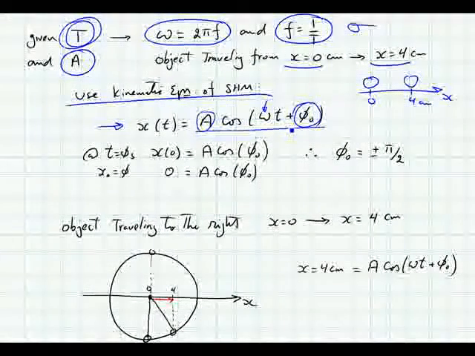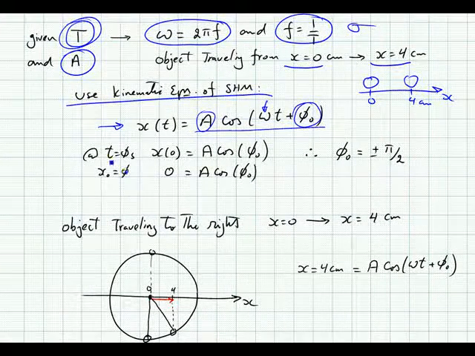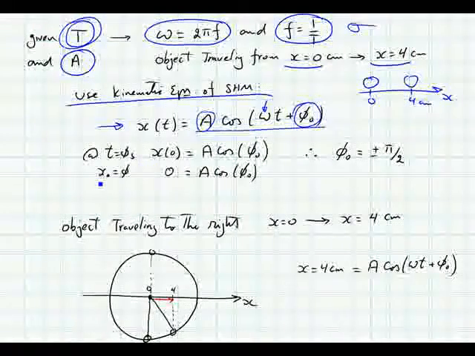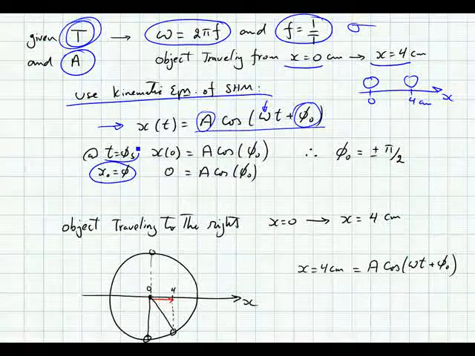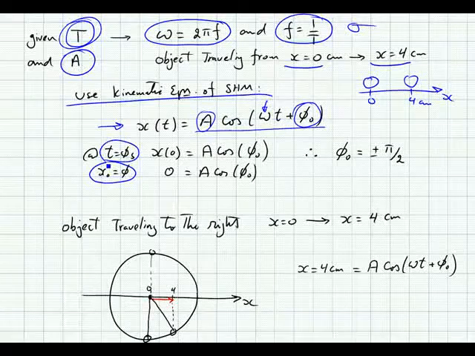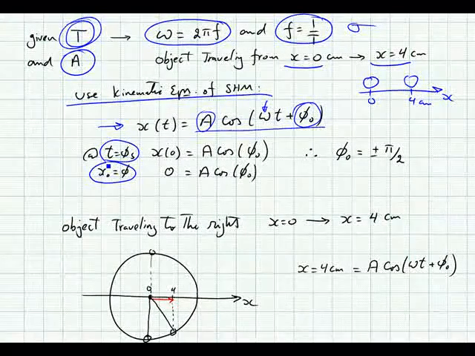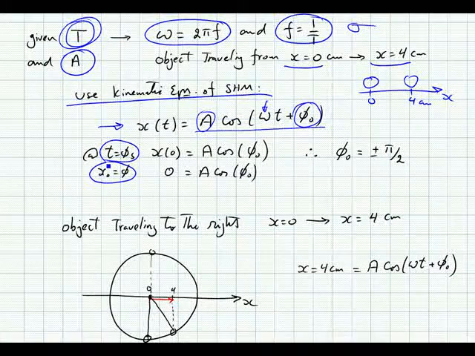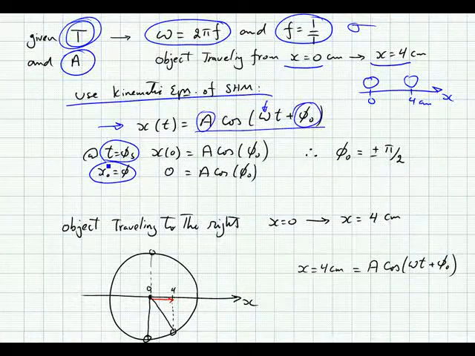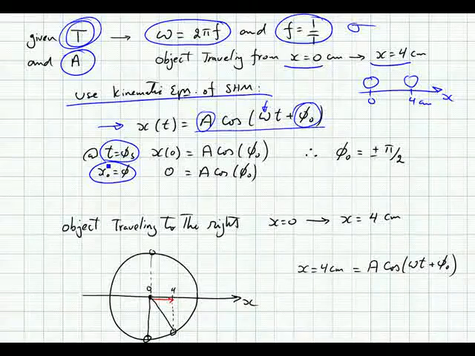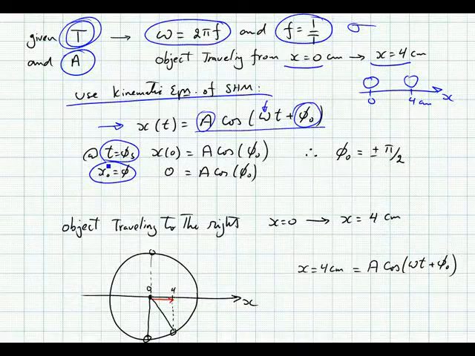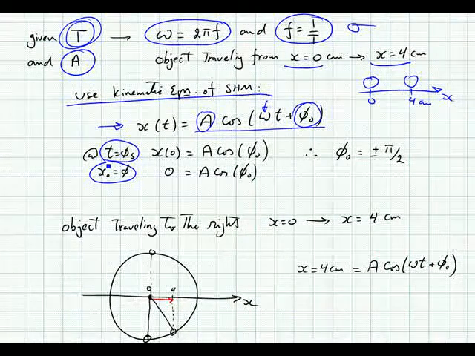Now to figure out phi naught, let's say that the object is at x equals 0 at time 0 seconds, because after all we are interested in figuring out the time it takes for it to travel to the 4 centimeter position. That's where we start our stopwatch.